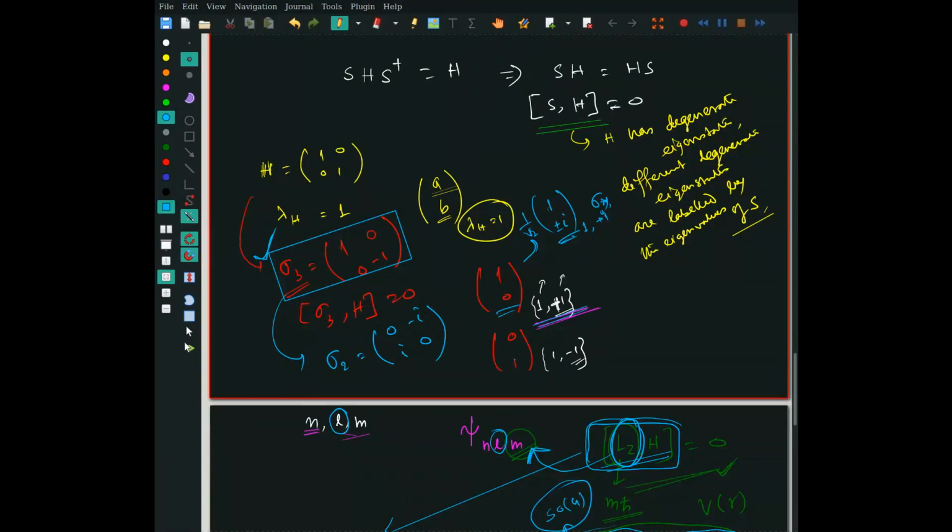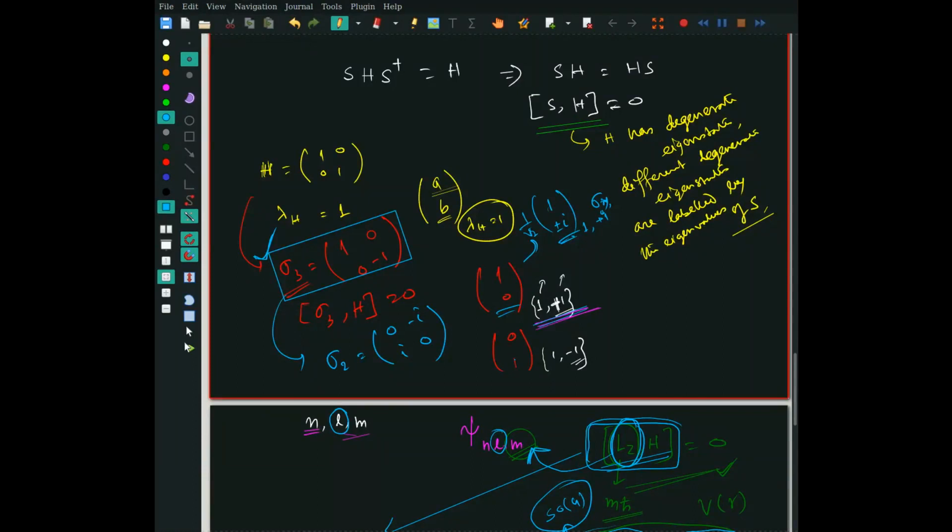Yes, sir. I was saying that for every system, if the energy is conserved, then we should have a conserved quantity, right?